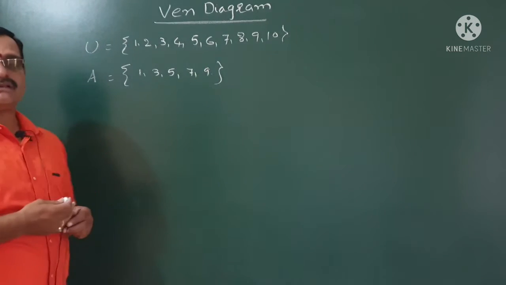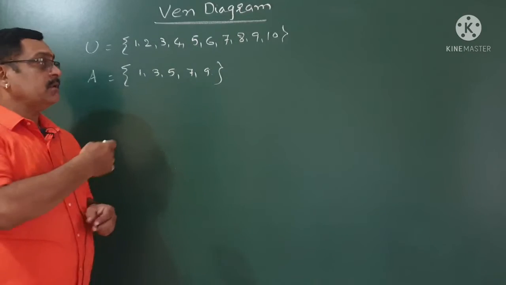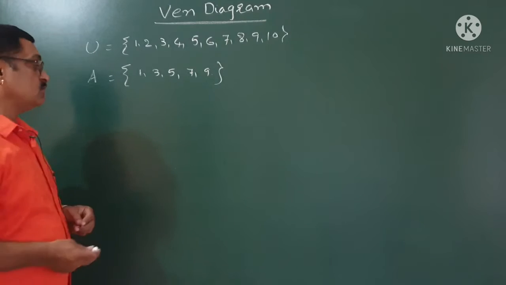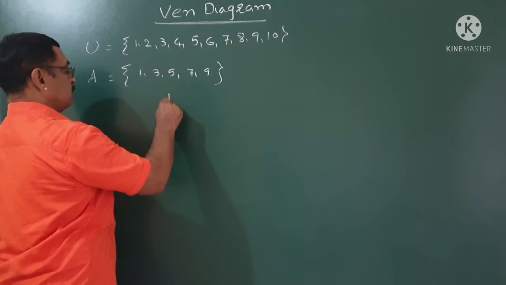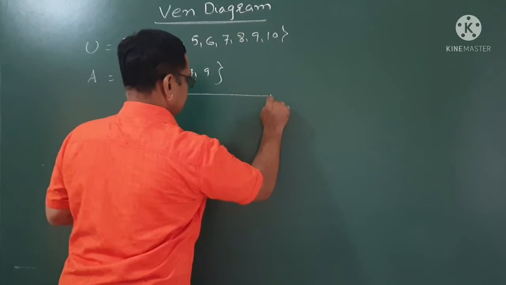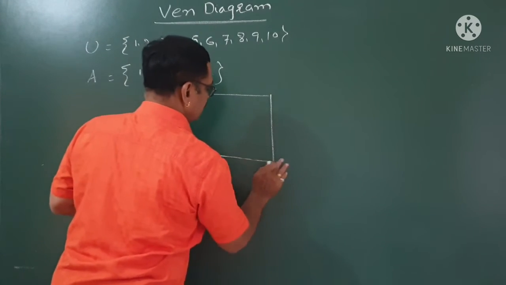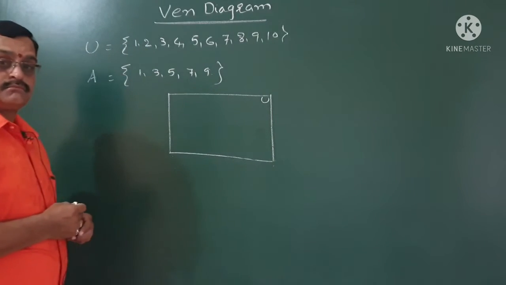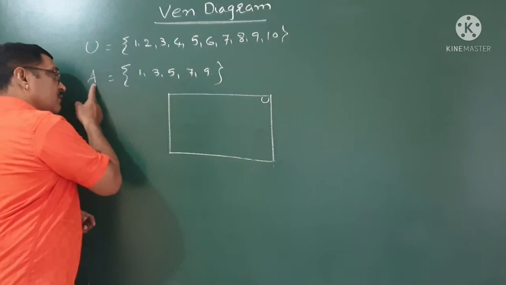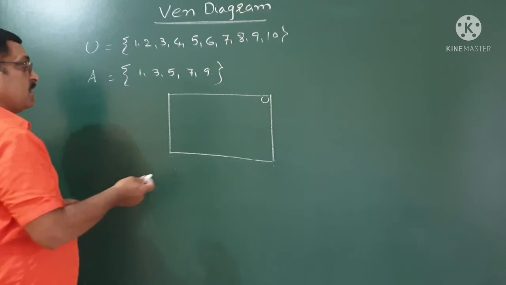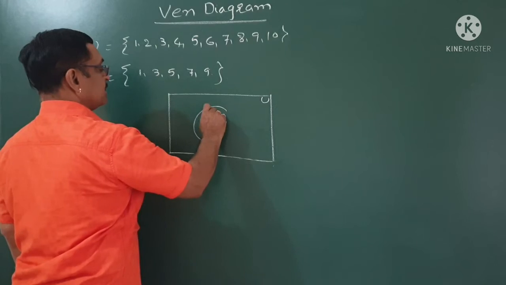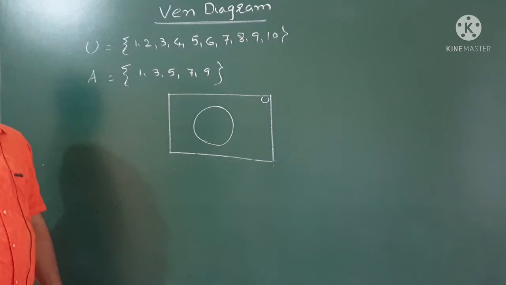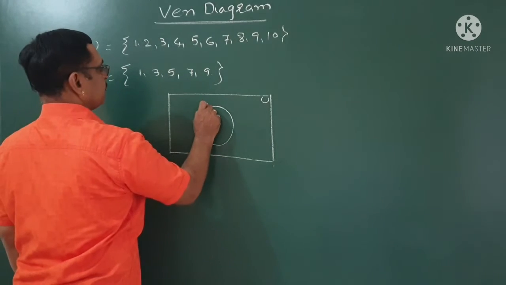Of course, A is a subset of U. So, using Venn diagram, how can we represent these two? In Venn diagram representation, we use a rectangle to represent the universal set. This is U. Now, to represent the set A, we draw a circle inside the rectangle, that is A.